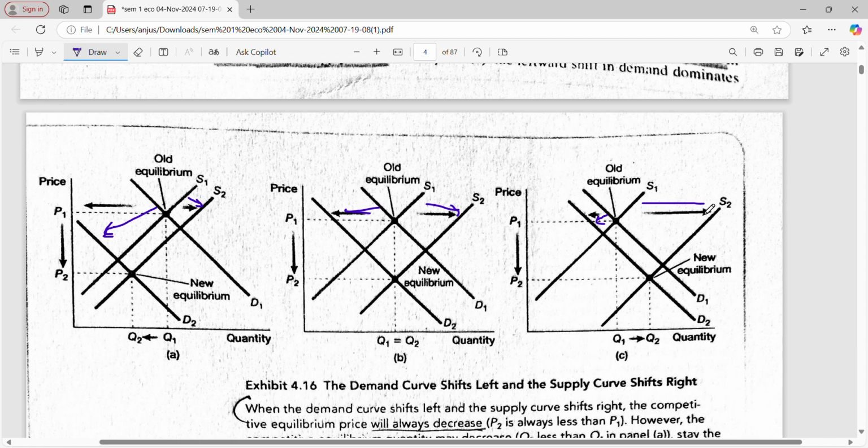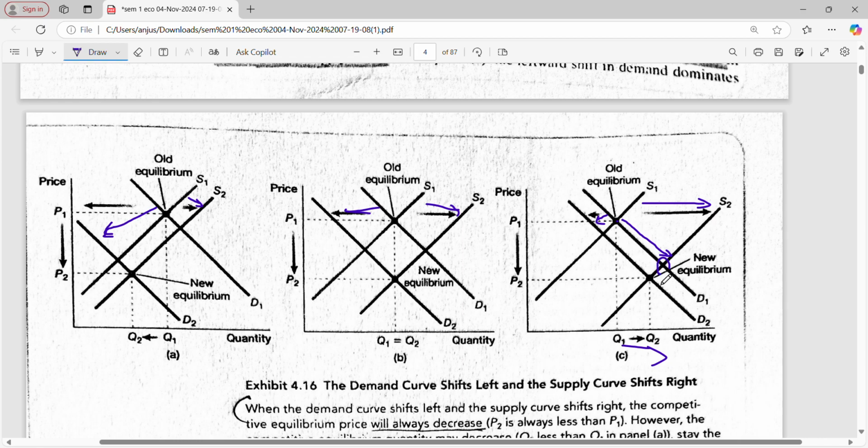The rightward shift of the supply curve dominates. So, when the rightward shift in supply dominates, the quantity increases. So the equilibrium point shifts rightwards.